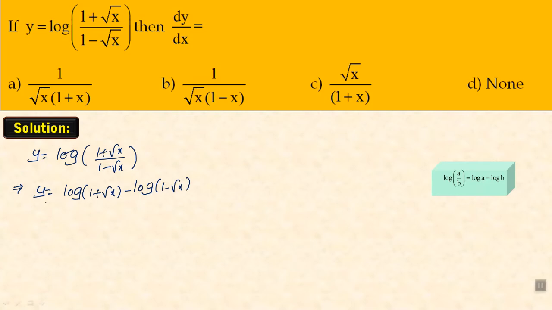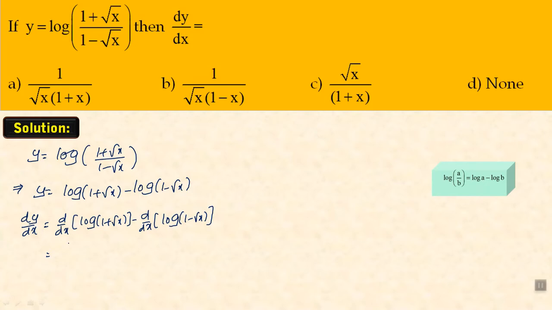Now differentiating with respect to x on both sides, we get dy by dx is equals to d by dx of log of 1 plus root x minus d by dx of log of 1 minus root x.